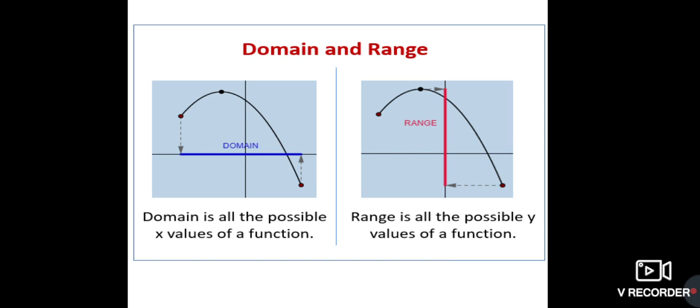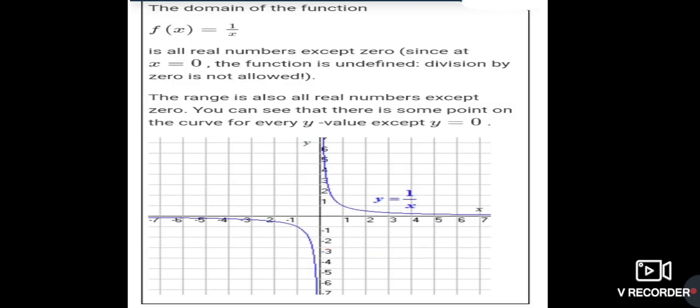The domain is all possible x values of a function, and the range is all possible y values of the function. So the domain of the function f(x) = 1 over x is all real numbers except 0, since at x = 0 the function is undefined.